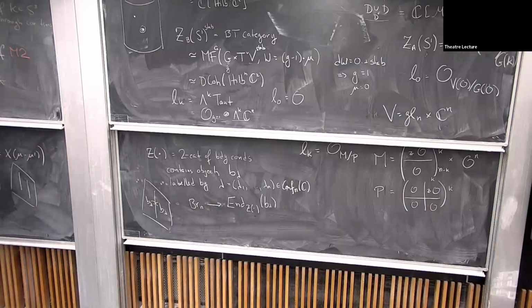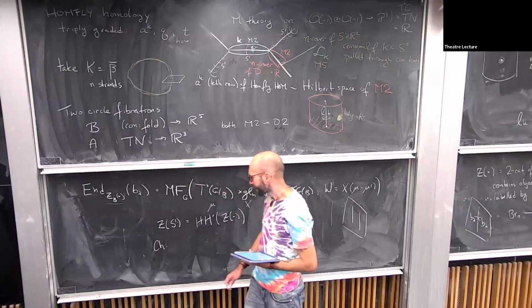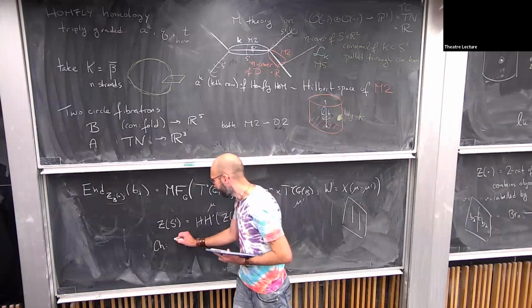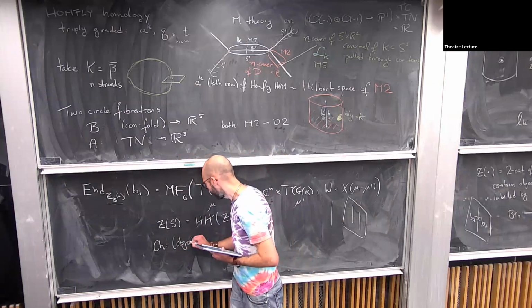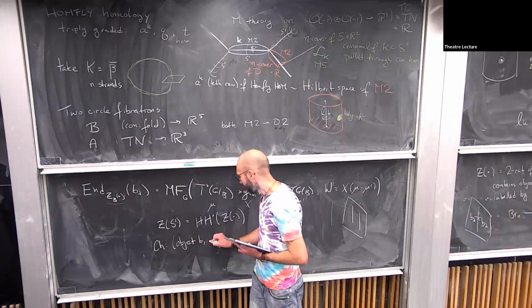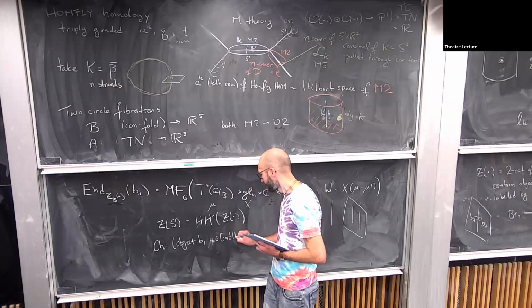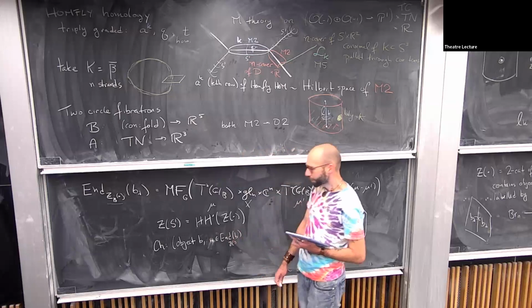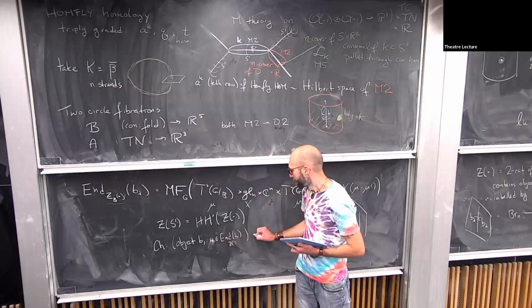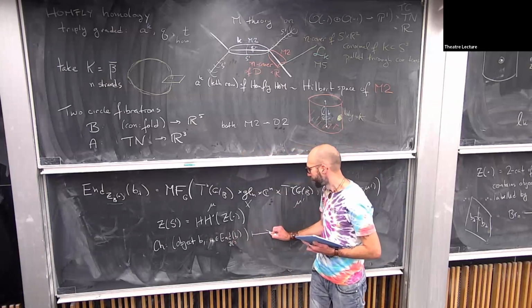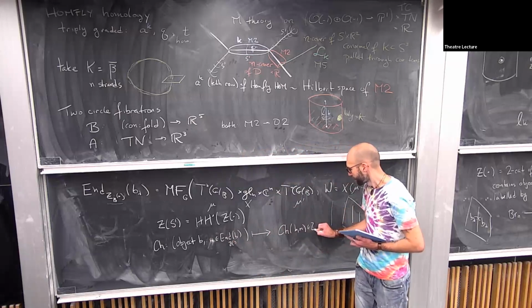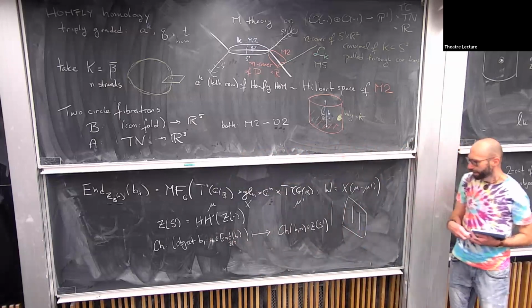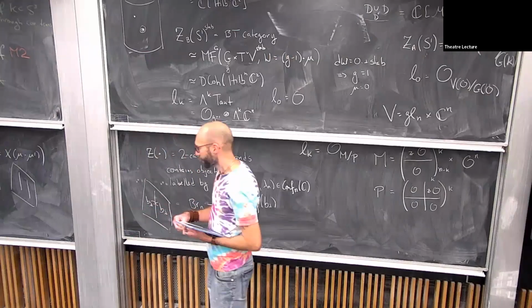Then there's a second map mathematically that's some categorified Chern character that takes us from an object B and an endomorphism M in Z of a point to an object in Z of S1, to a bulk line.